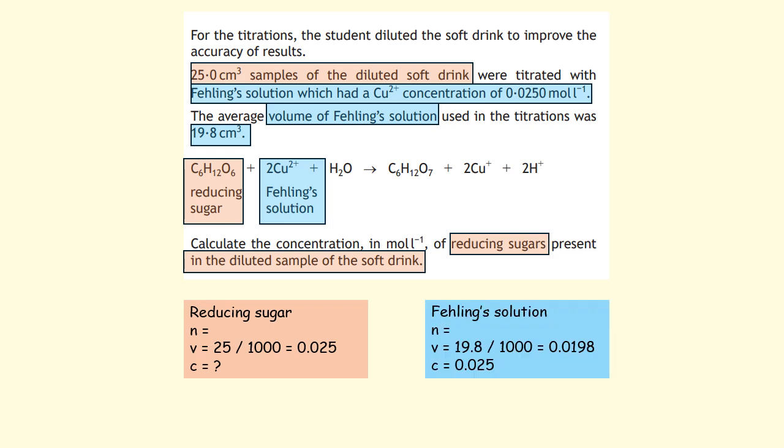What I will say is, in questions like this, where 2 bits of information are in the same sentence, you've got to read it carefully, because a lot of people jump to the conclusion that those 2 numbers are for the same chemical. They are not. Read carefully. We've got all the information we have, with the exception of our ratio, which we look at in the equation, and it's 1:2. We've written everything we know.